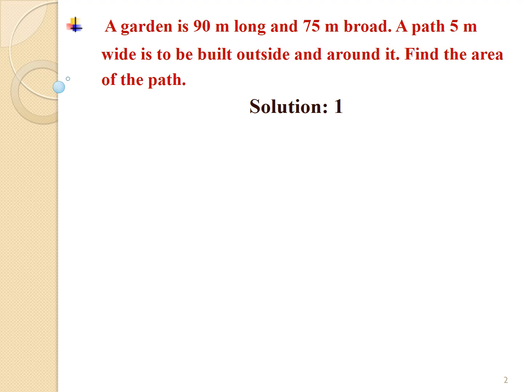In order to find the area of the path, we have to first find the area of the rectangular garden excluding the path as well as the area of the rectangular garden including the path. After that, we find the area of the path by subtracting the area of the rectangular garden excluding the path from the area of the rectangular garden including the path.